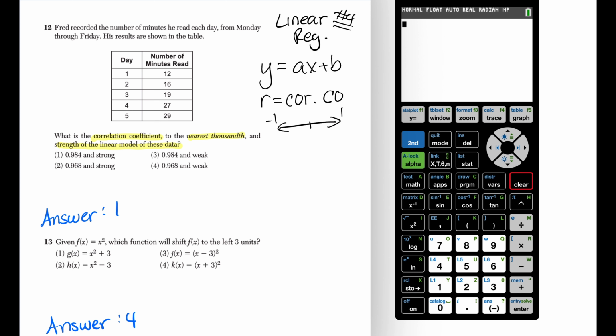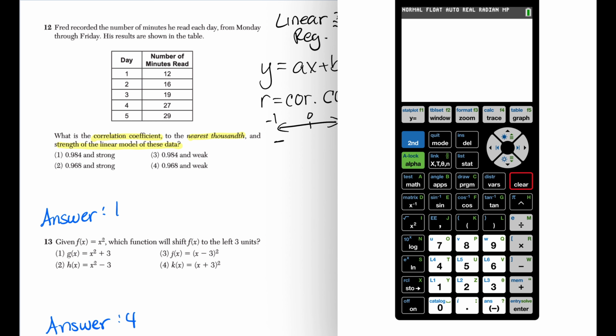If it's closer to the negative, if it starts moving in this direction, it starts to have a strong negative correlation. The closer it gets to -1, the stronger it is. The closer it gets to +1, you get a strong positive correlation. And if it's close to 0, then you have no correlation. So that's the way we're going to think about this.